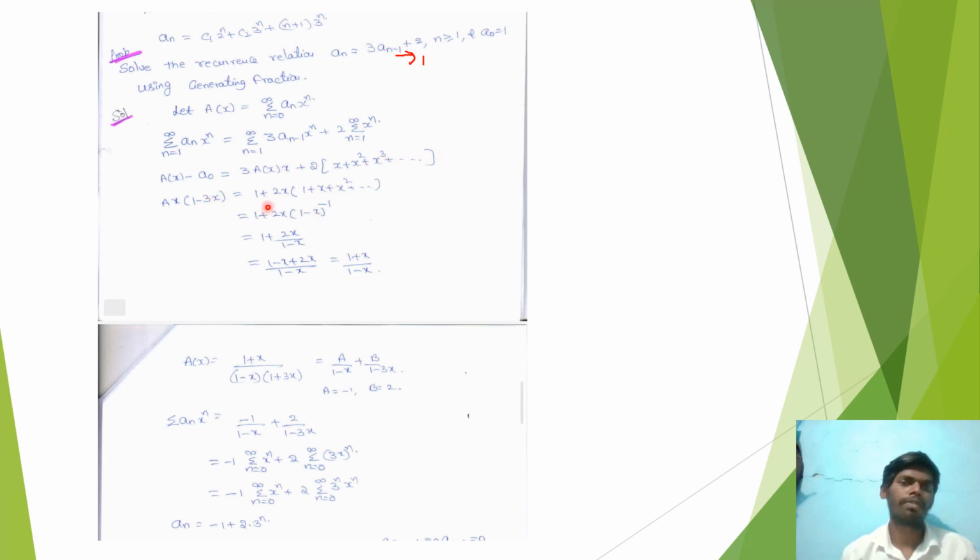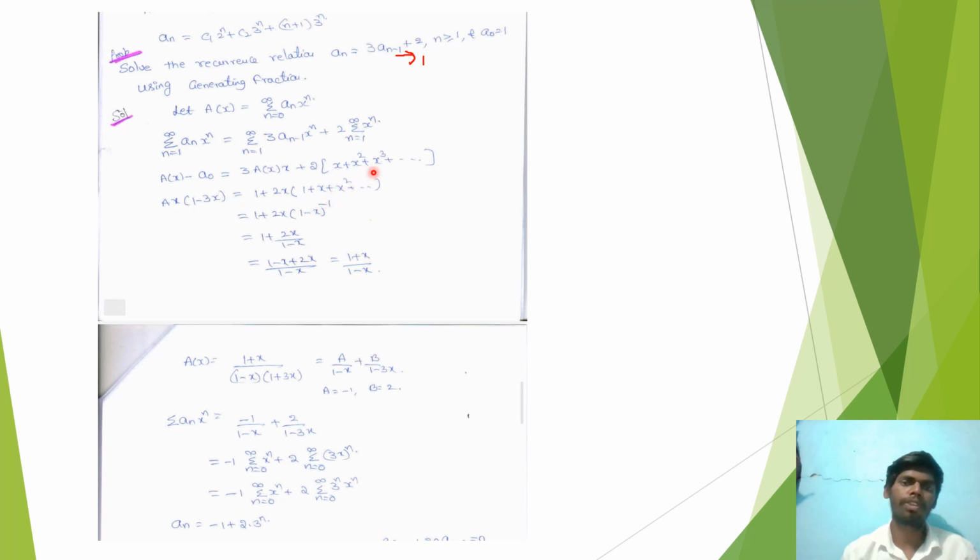So we have to separate the A of x terms and the remaining functions to either side, so that we'll get A of x into 1 minus 3x is equal to 1 plus 2x plus so on.